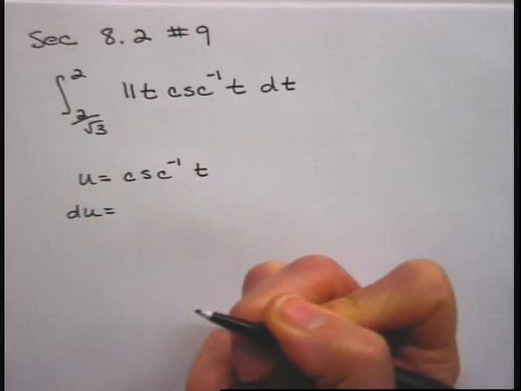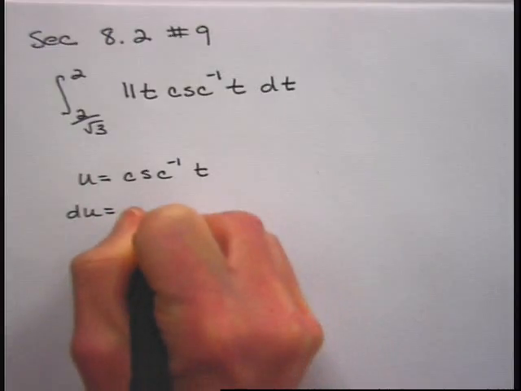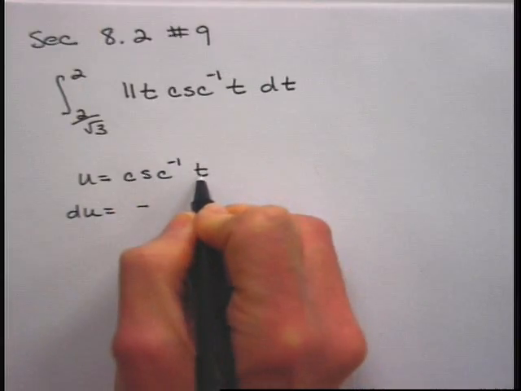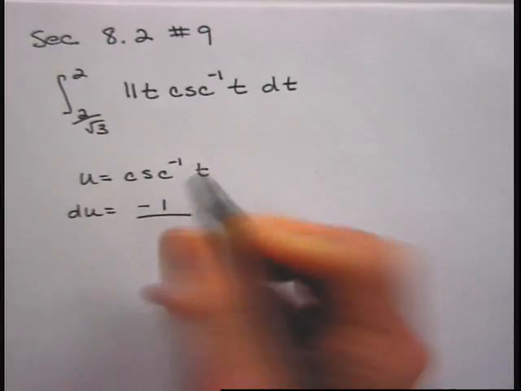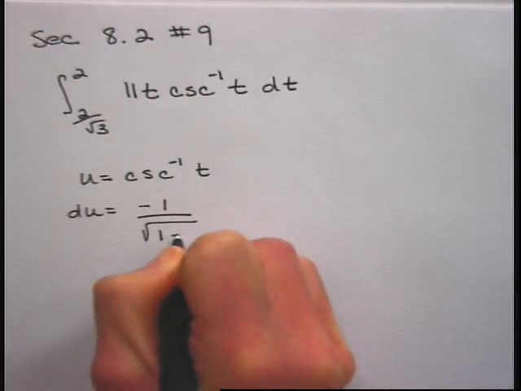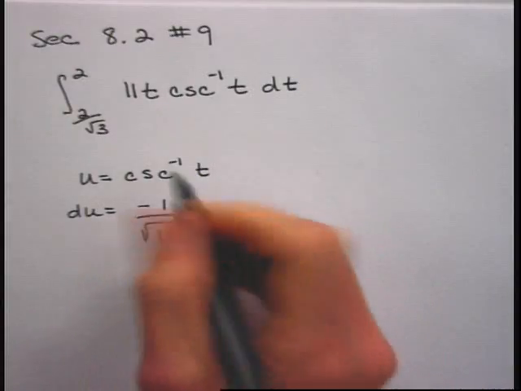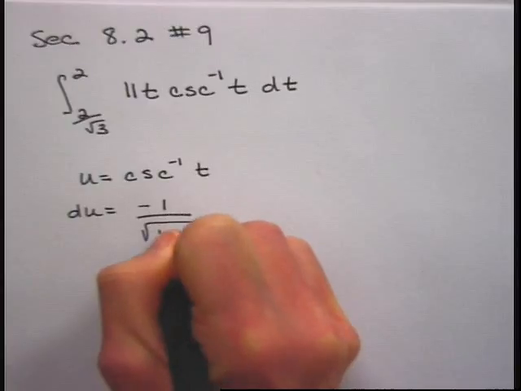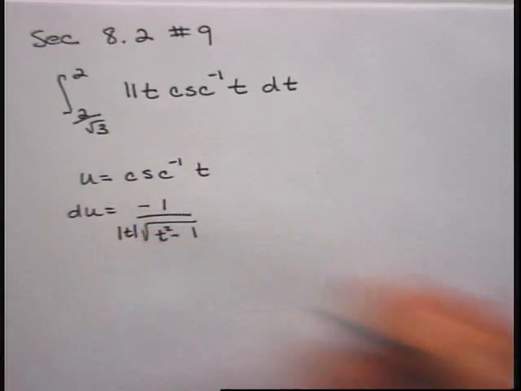According to the sheet, I was looking at cosine, but cosecant is negative 1 over the absolute value of t times the square root of t squared minus 1.